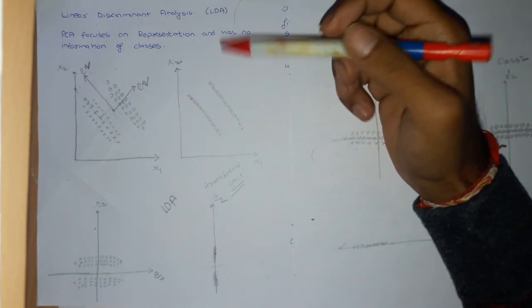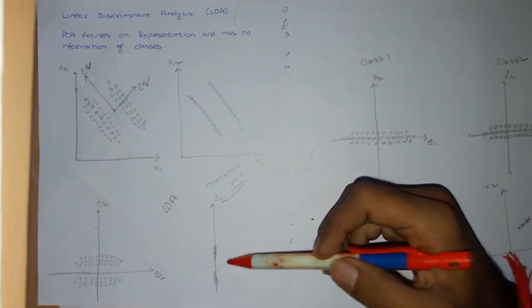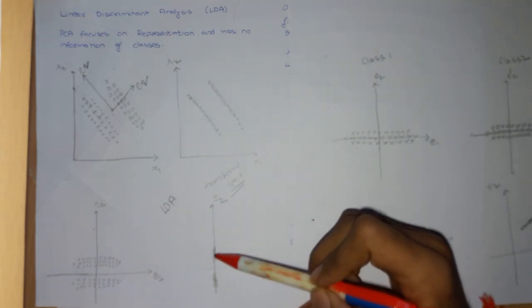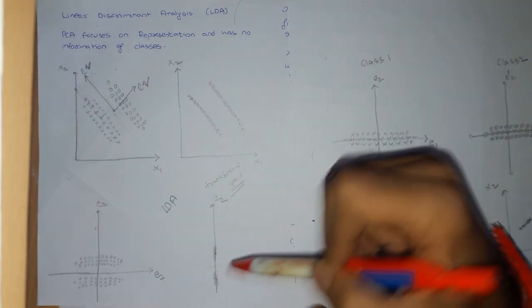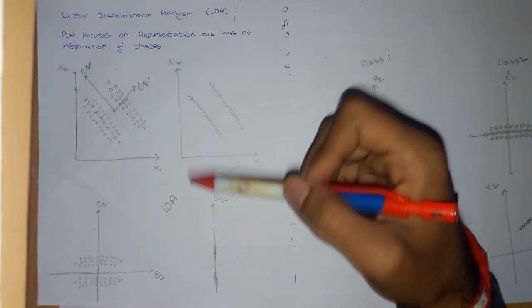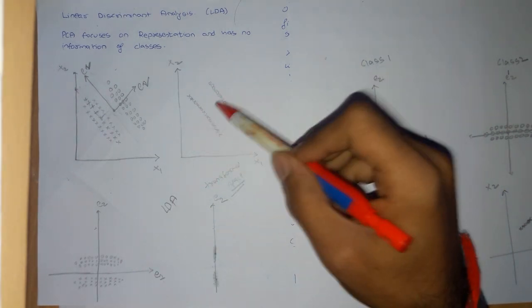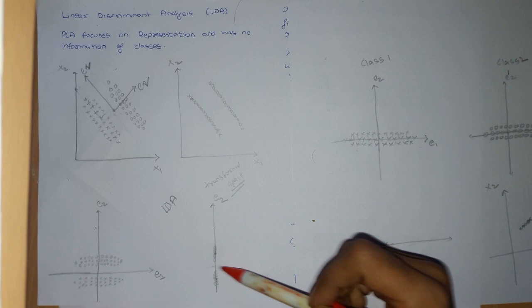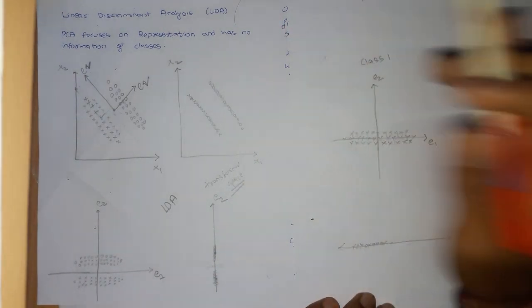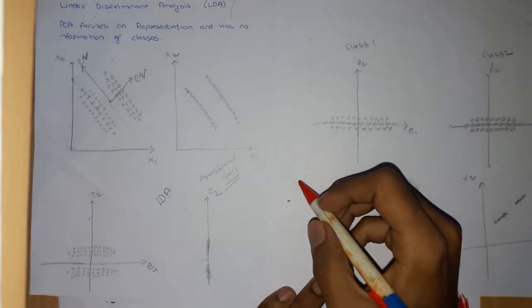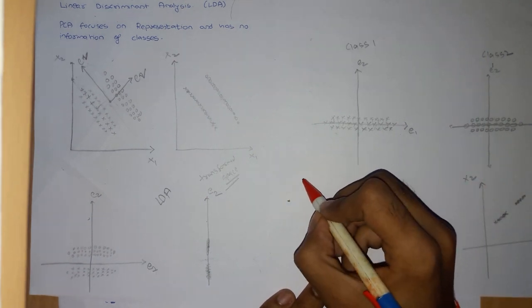LDA further minimizes the computation by just discriminating the data in the transformed space. You don't need to go back to the reconstructed space to classify the data. You can classify the data here itself. That computation is quite expensive if there are many dimensions.